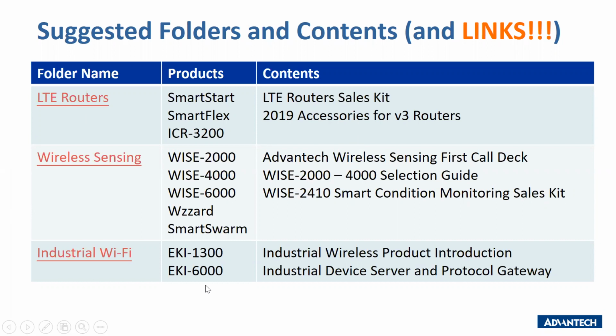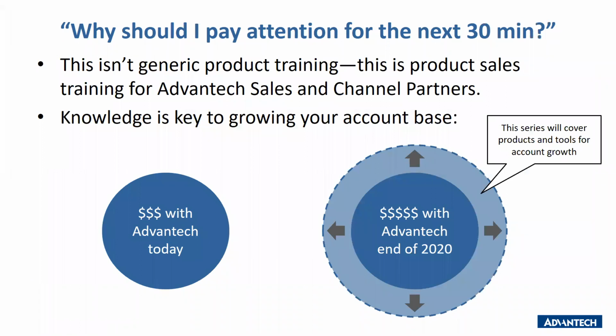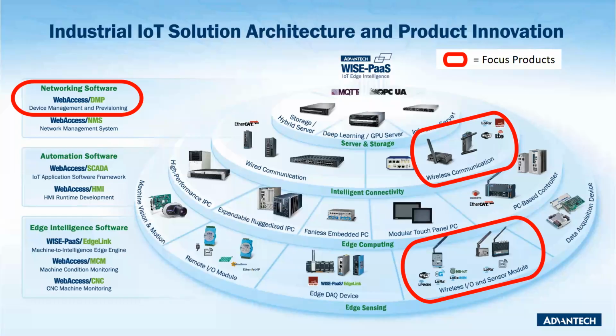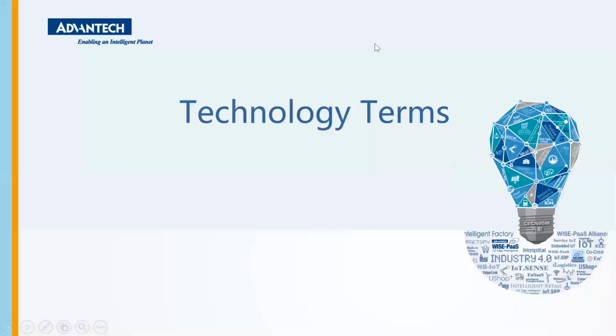I would suggest organizing it that way. This is important for growing your account base. This is new stuff. And if you want to see a picture of where this fits, if you've seen this all-encompassing graphic from Advantech before, we're in this wireless I/O and wireless communication space. Those are the slides I was sharing.